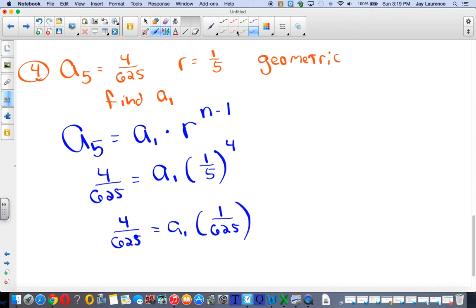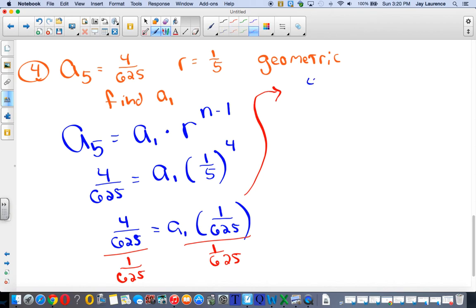So I've got 2 choices. I could divide by 1 over 625, or I could multiply both sides by 625. Either way would work. I'm going to do it this way because many of the problems will work more like that. I'm going to bring my work up here.